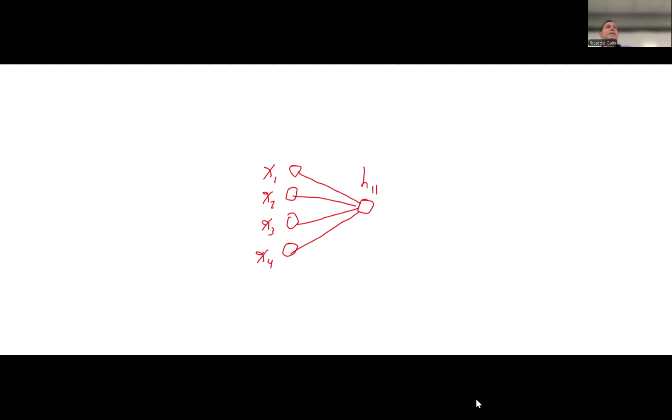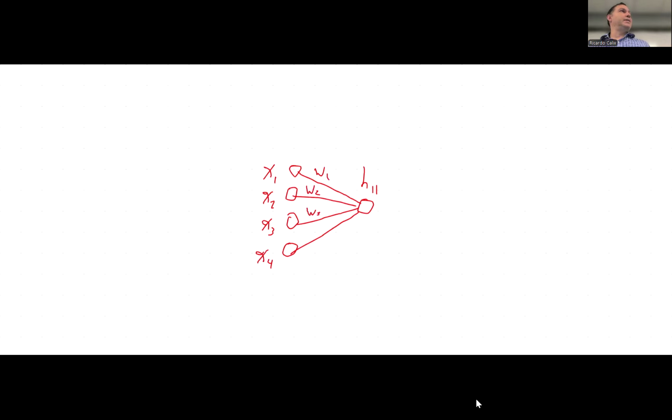And then I need one more parameter, which I've only mentioned but haven't denoted yet, which is the weights: W1, W2, W3, W4. Everyone with me?